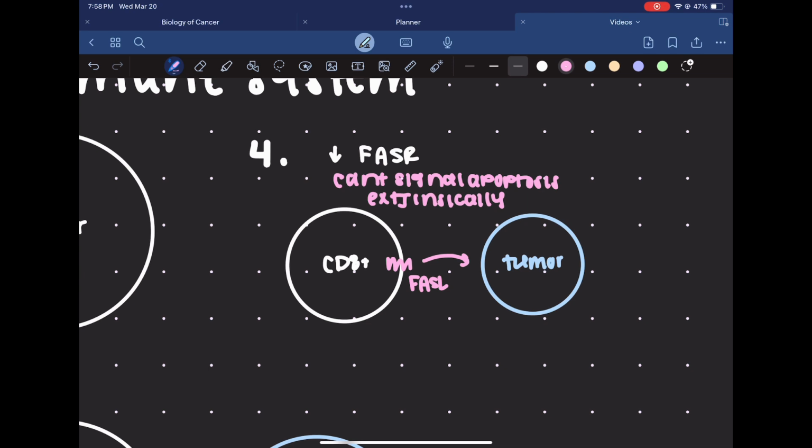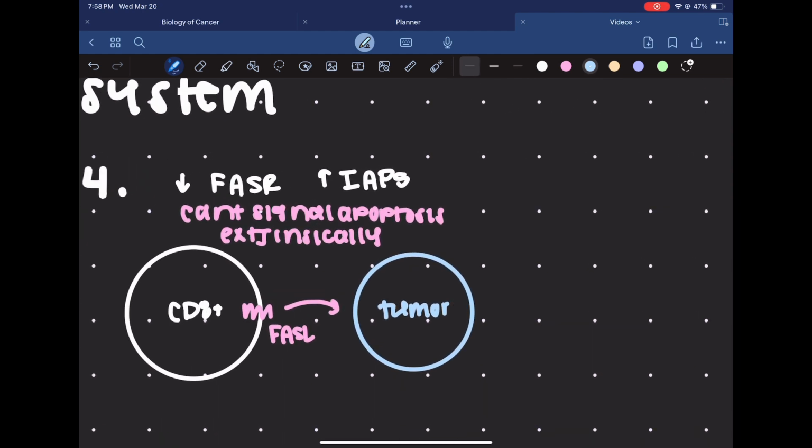And in conjunction with this, we're also going to increase production of IAPs. IAPs are going to be inhibiting apoptosis. So we're going to increase inhibition of apoptosis via our increase of these IAPs.